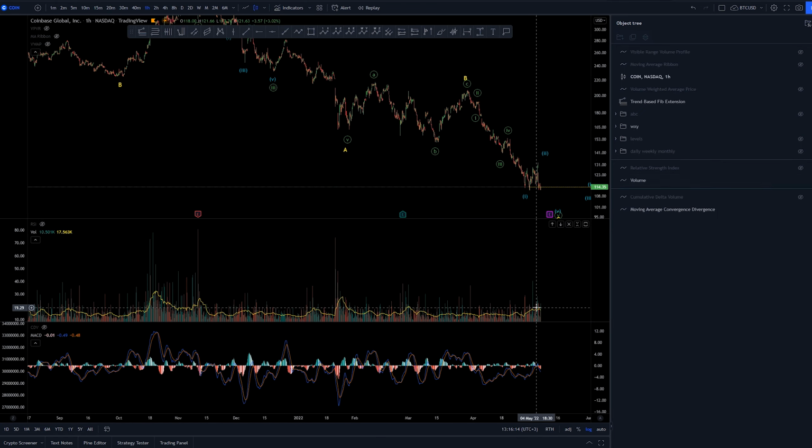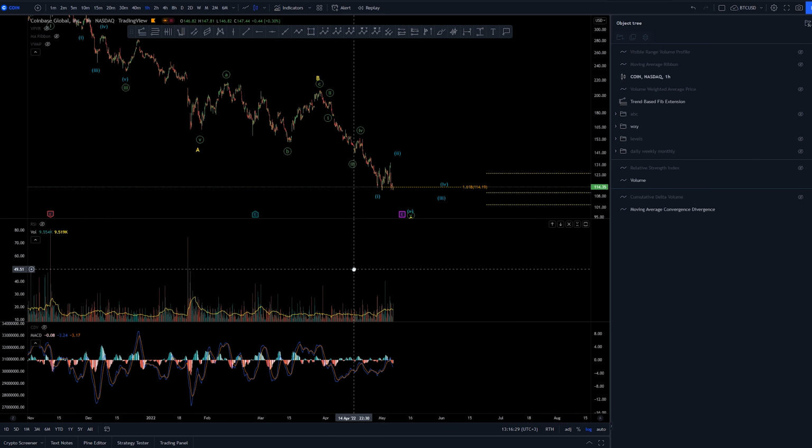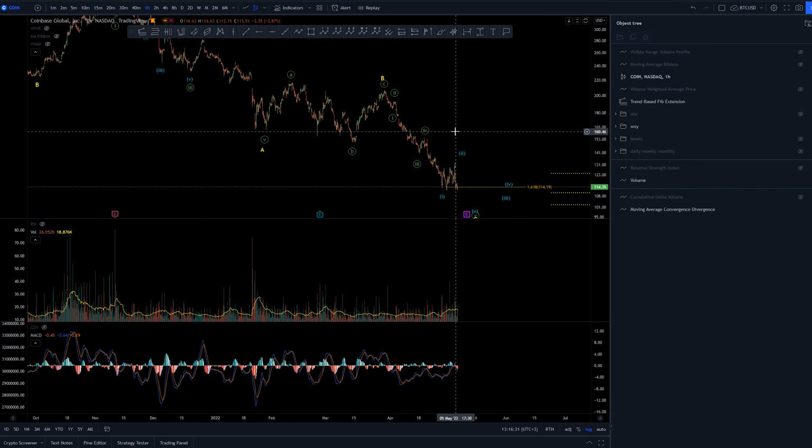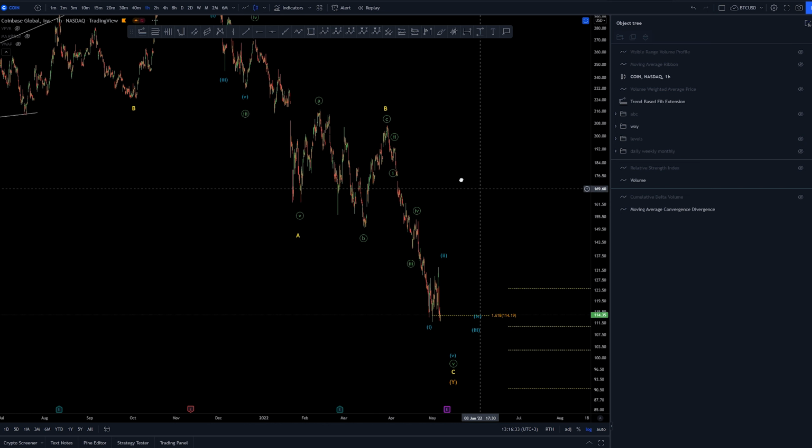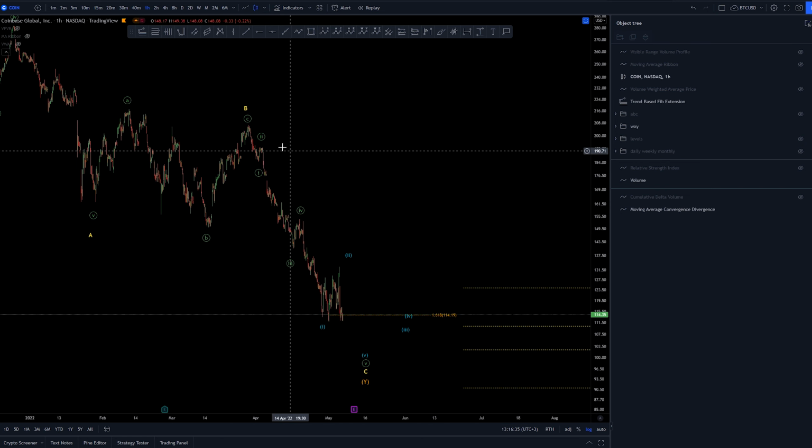We did go above the previous amounts of volume on average base at least, and the same amount of volume was last seen in January 2022. But again, I just don't see this as completed.